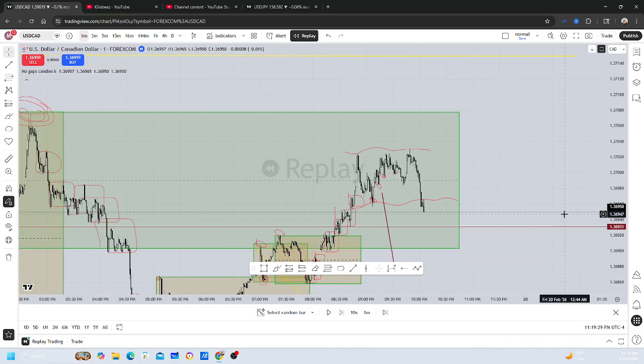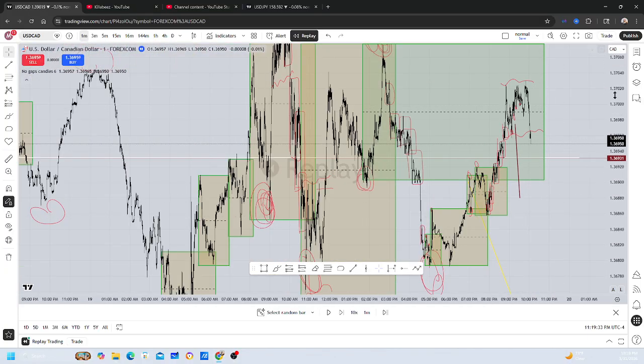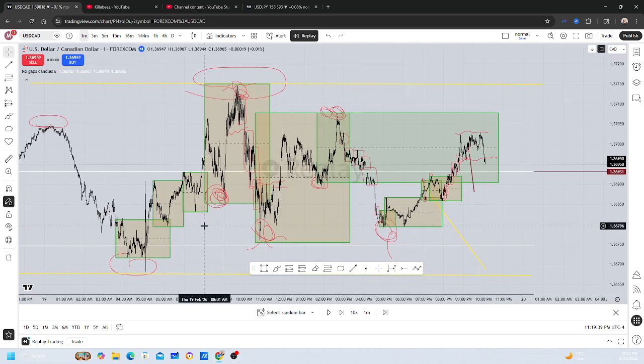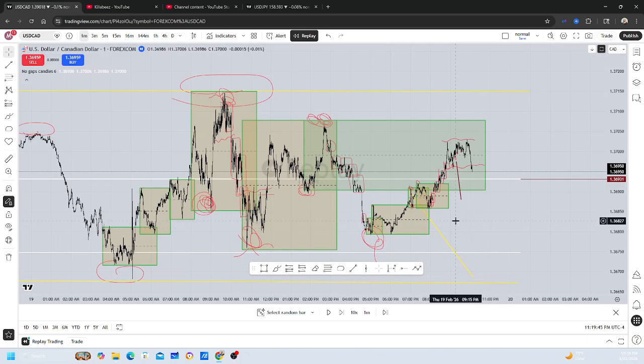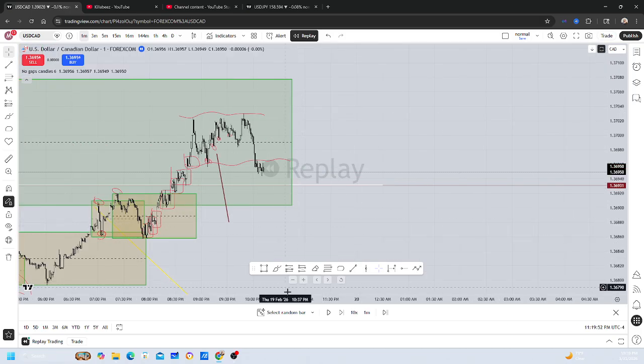Alright. So guess what? The big boy, the big swing wants to express himself. Right? One. That might be another big swing right there. So we have all of these swings now.